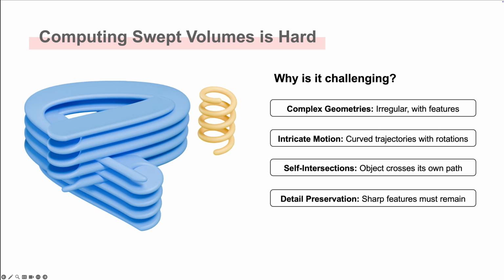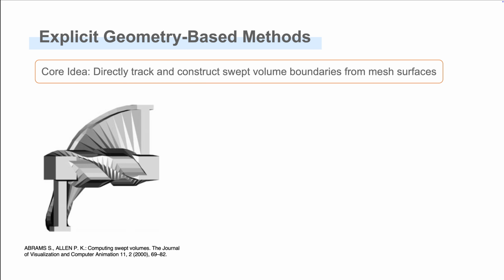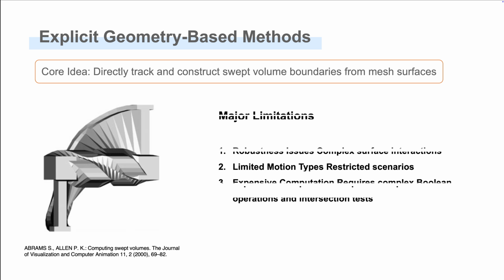Given these challenges, researchers have explored different strategies over the years. The first family of methods are explicit geometry-based approaches. The core idea is to directly track and construct swept volume boundaries from mesh surfaces. These methods trace how vertices and edges move, then attempt to construct the outer surface explicitly. However, they face fundamental challenges.